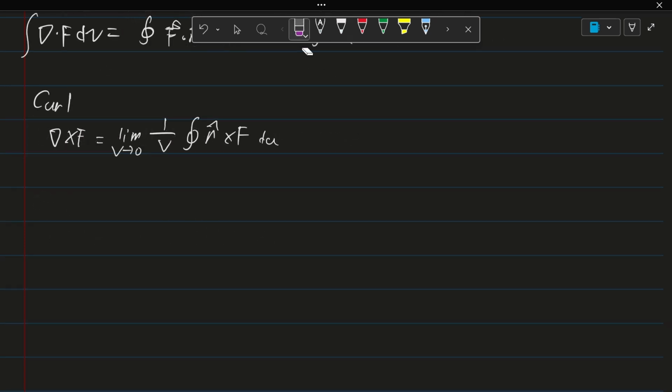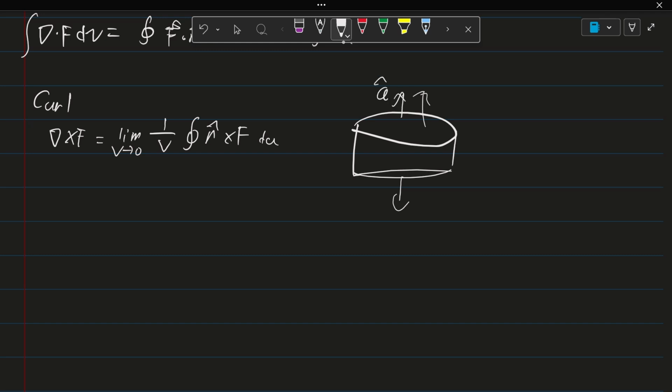Because this is a very complicated thing to compute, we'll just assume that we have an arbitrary volume here which has two parallel planes, as well as a strip that is revolving around these two planes. We could define a vector A in this direction.